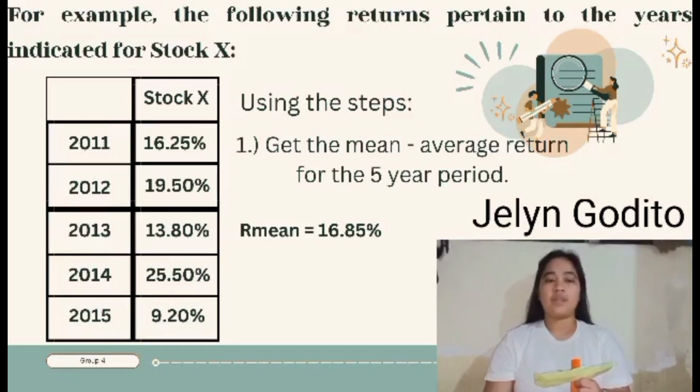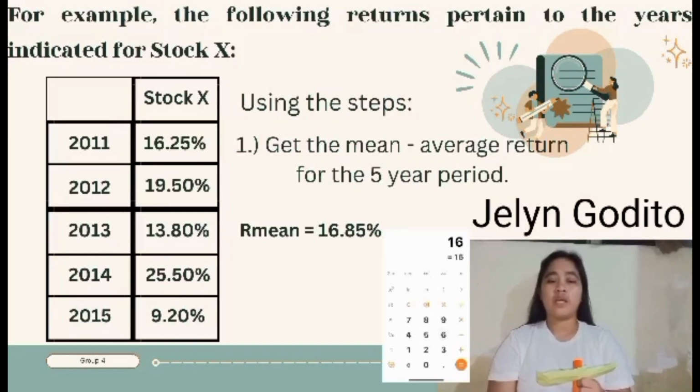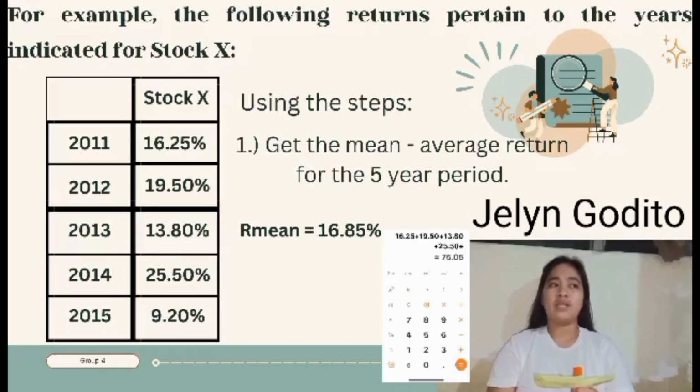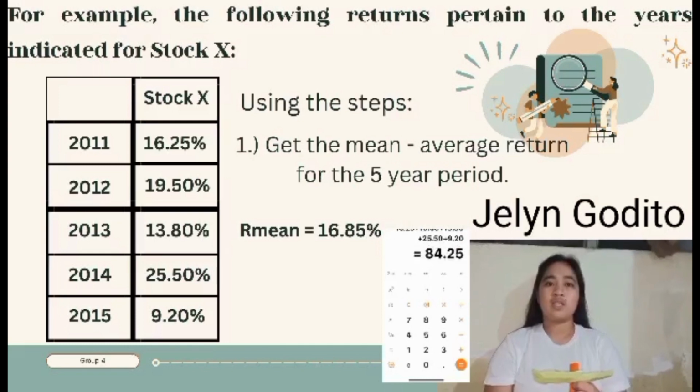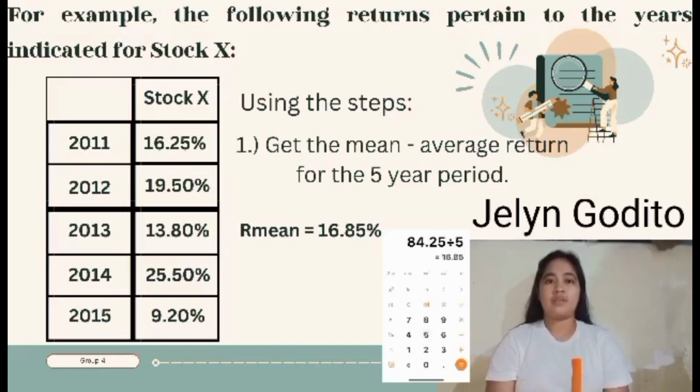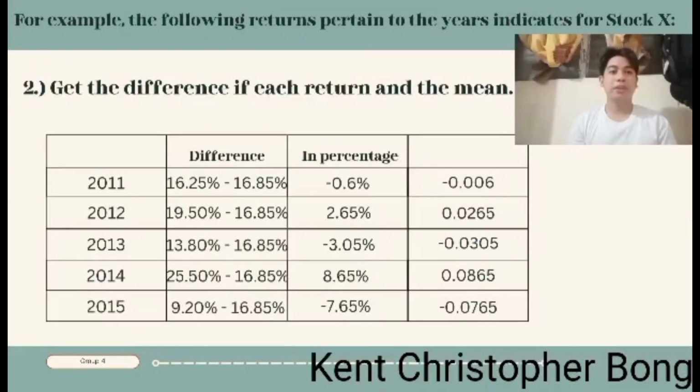Add all the percentages in the table, then divide by the 5-year period, and the mean is 16.85%.